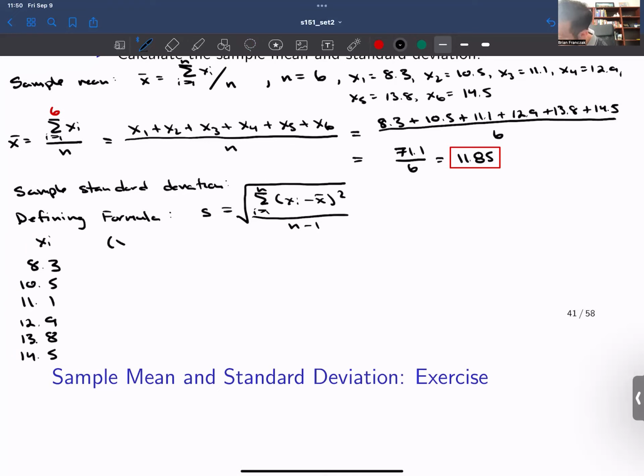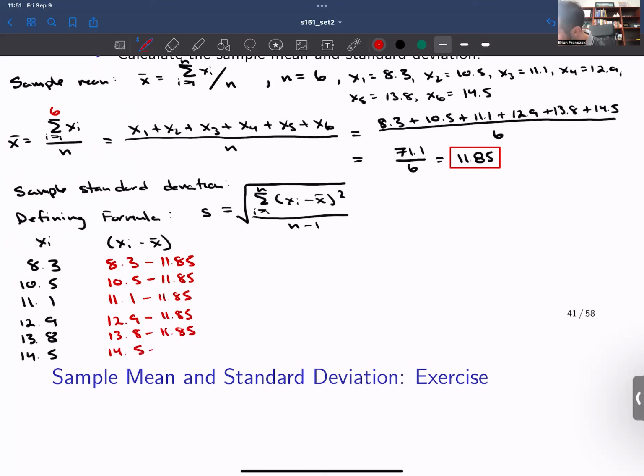Then in the second column, we're going to take each xi value and subtract the sample mean. So in the first row, we will have 8.3 minus 11.85. In the second row, 10.5 minus 11.85. In the third row, 11.1 minus 11.85. In the fourth row, we have 12.9 minus 11.85. In the fifth row, 13.8 minus 11.85.